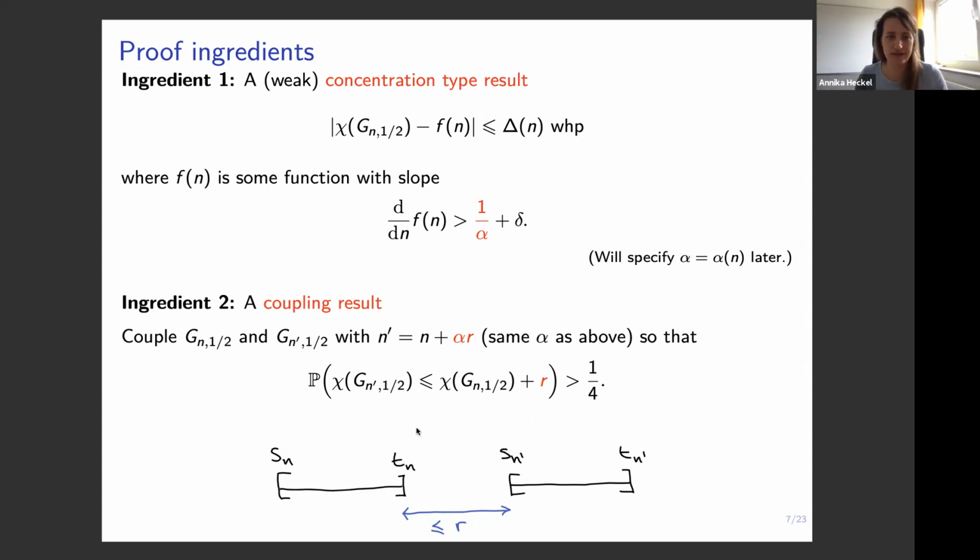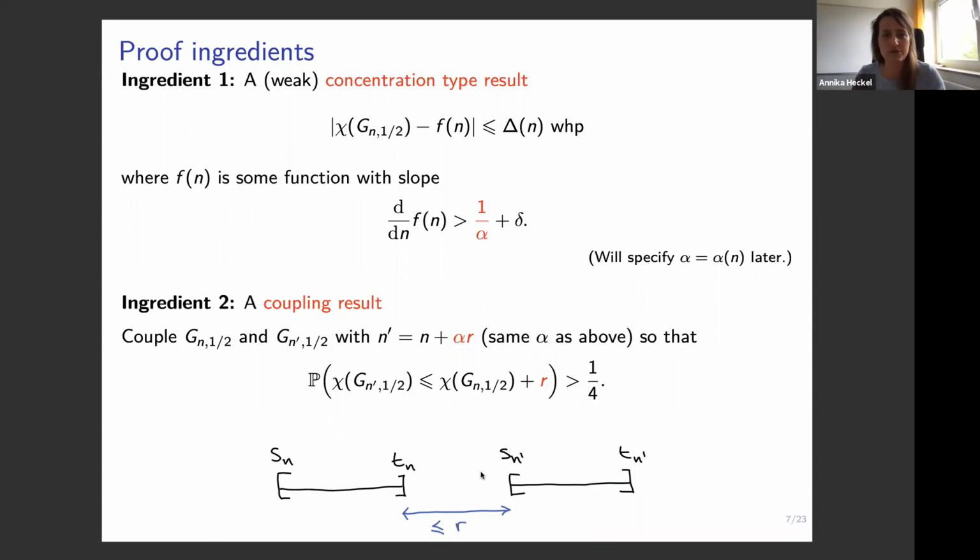So if we let n' be n plus alpha r, then the coupling tells us that the difference between the intervals is at most r, because with high probability the chromatic number of G(n, 1/2) is in here, the chromatic number of G(n', 1/2) is in here, and also with probability at least a quarter, say, they are at most r apart. So the difference here can be at most r.